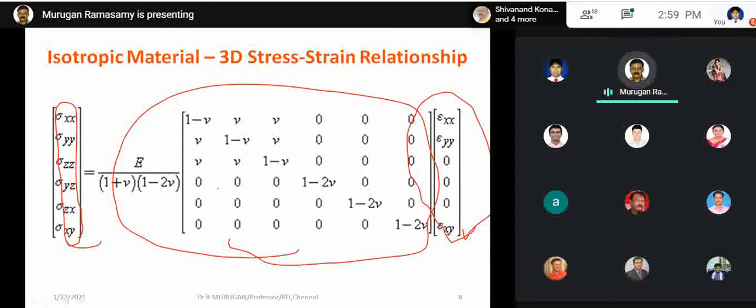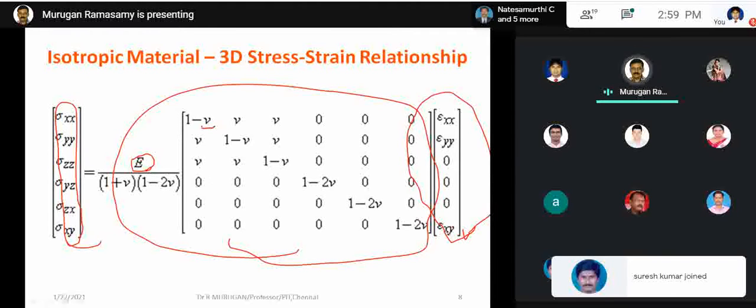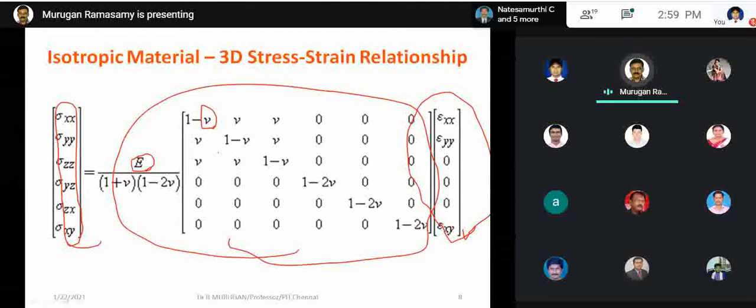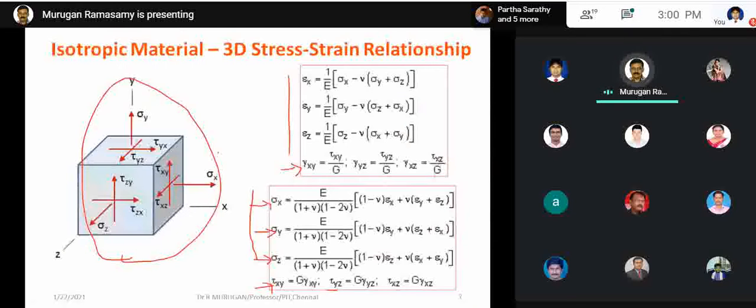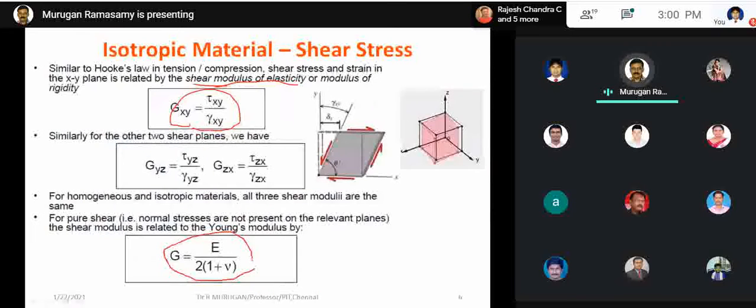So here you see, for isotropic material, what are the constants used for this constitutive matrix? One is E, Young's modulus or modulus of elasticity, and the Poisson ratio. Even the shear modulus is replaced by this Young's modulus E.